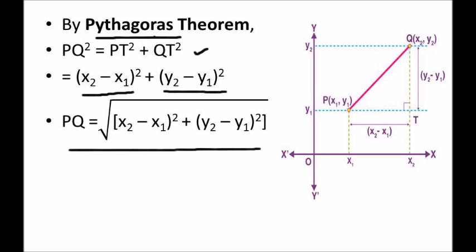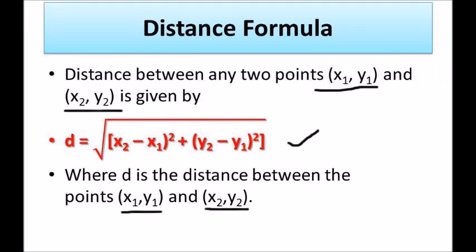So we conclude the distance between any two points (x1, y1) and (x2, y2) is given by d equal to square root of (x2 minus x1) the whole square plus (y2 minus y1) the whole square, where d is the distance between the points (x1, y1) and (x2, y2).